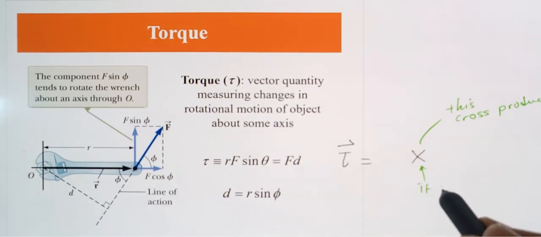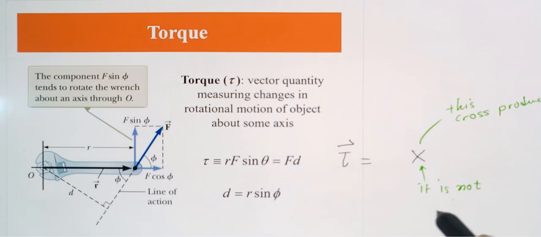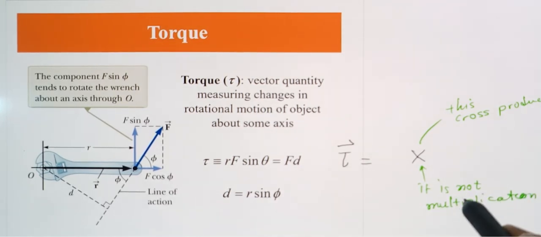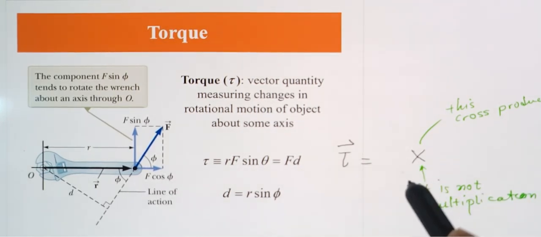It is not multiplication. It is not the multiplication of 2 multiplied by 3 or 1 multiplied by whatever. This is a cross product.